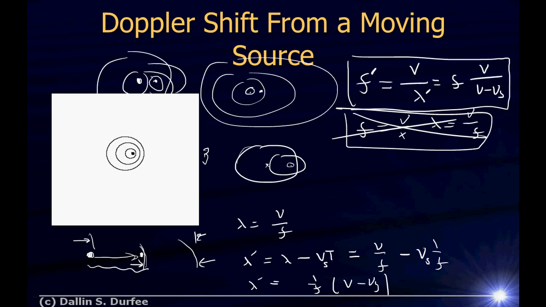If instead we put the observer over here such that the source is moving away, then the wavelength would actually get bigger by that amount, and we would have a plus sign instead of a minus sign. All right? So there you go. That is the Doppler shift for a moving source. And that's exactly what our equation up here said it should be if the observer is not moving.